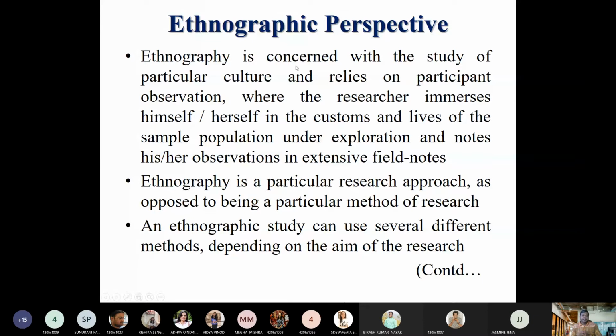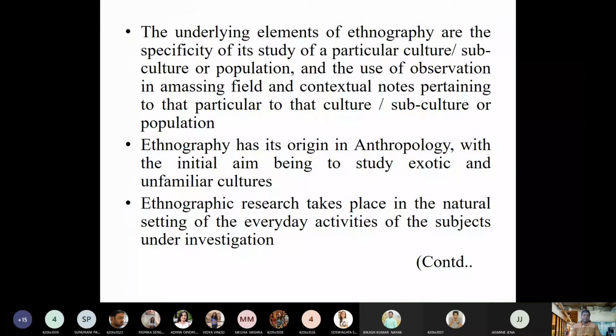The underlying elements of ethnography are the specificity of its study of a particular culture, subculture, or population, and the use of observation in amassing field and contextual notes pertaining to that culture, subculture, or population.